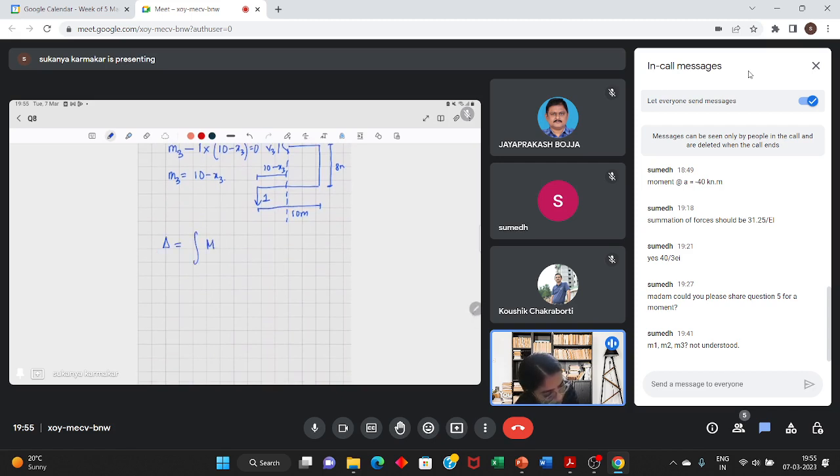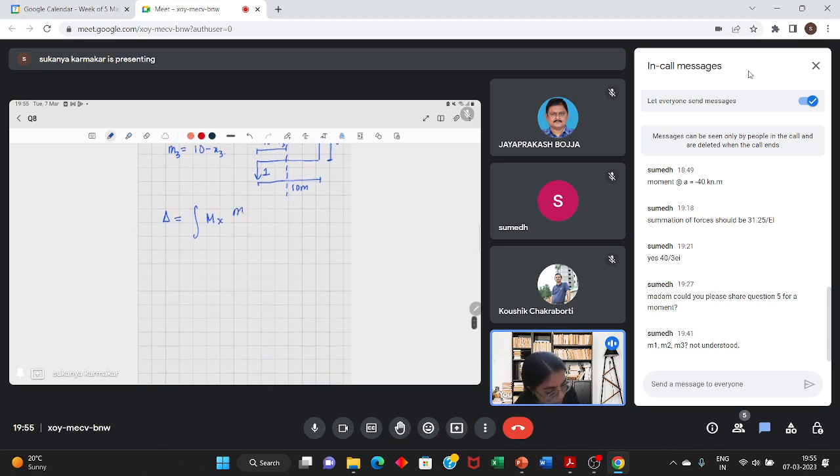Here I should write M from the external load, that structure, divided by small m, small m.